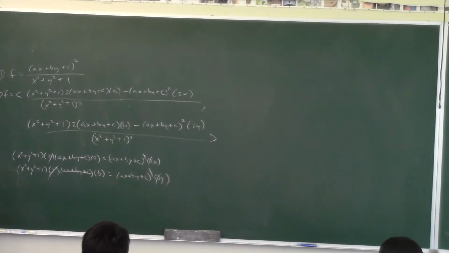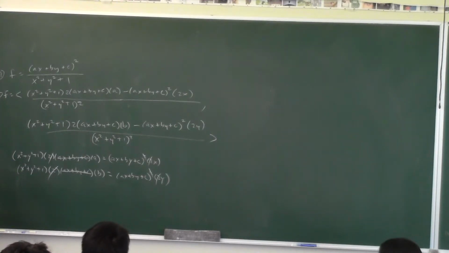Okay, now what do we do? Can't you say a equals x and b equals y? Or solve for x squared plus y squared plus 1 in this equation and this equation and equate those two?